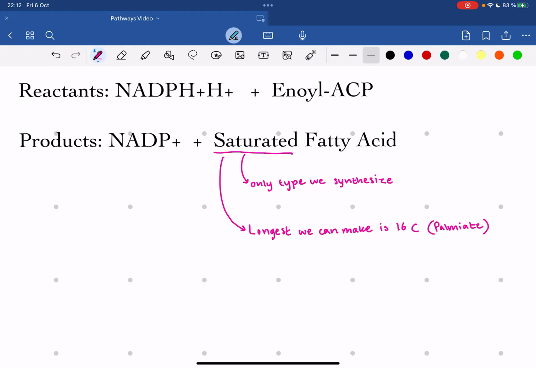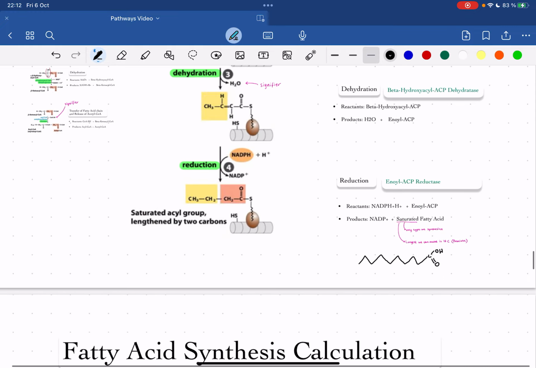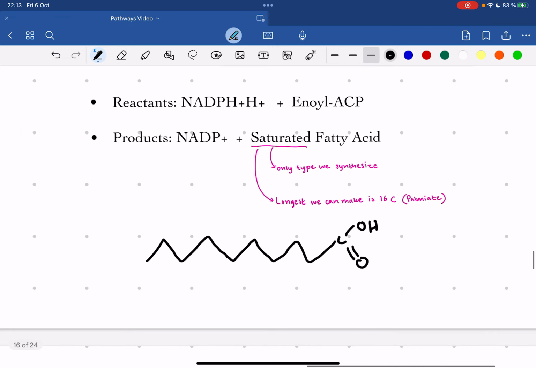Now remember, saturated meant that we don't have any double bonds in the fatty acid molecule. So it only looks, I've completely forgotten how these look like. I think it's like this. That looks horrible, but yes, I think it's something like that. It doesn't have any double bonds. It only has the straight saturated lines, right?